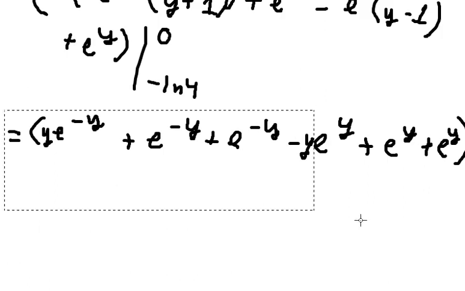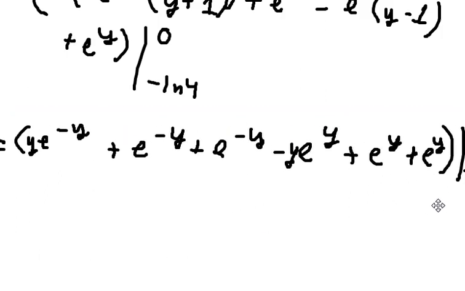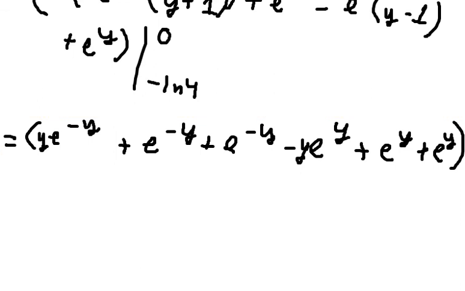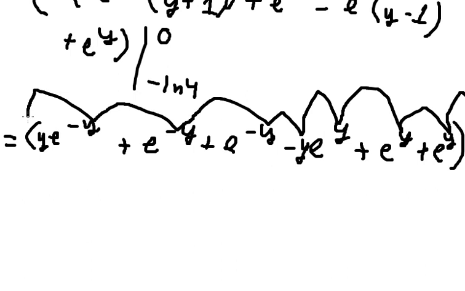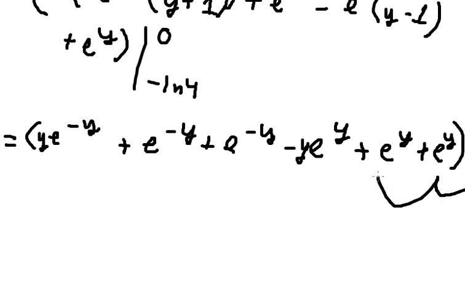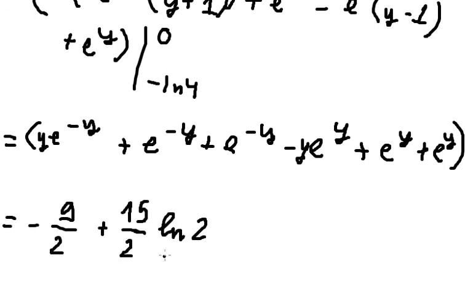So we got like this. Now, we just put number 0 in here, and negative ln of number 4 in here. If we calculate this one, this is the final answer.